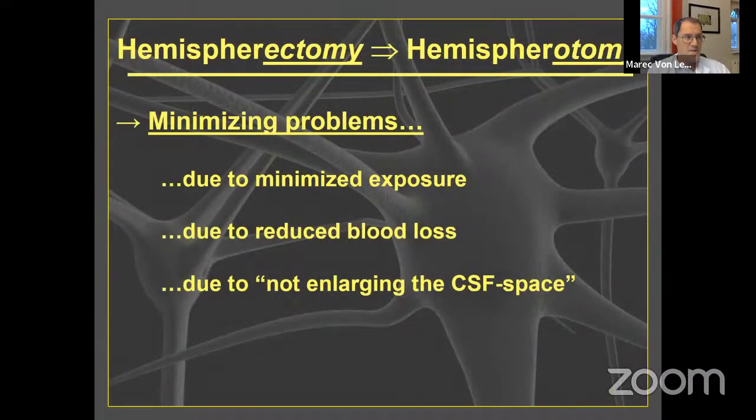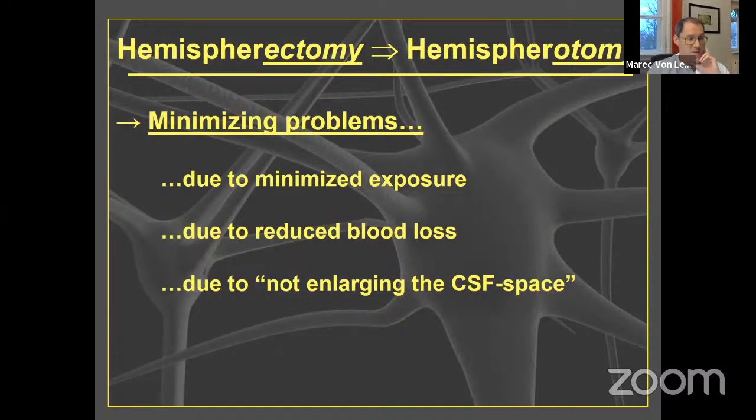So the idea was to minimize these problems from hemispherectomy procedures, with minimizing the exposure, to have a smaller craniotomy, to reduce the blood loss, even in smaller children a big problem.